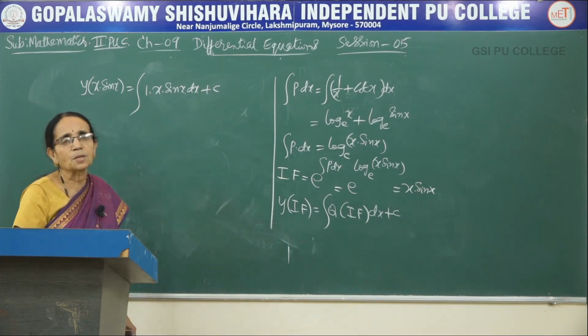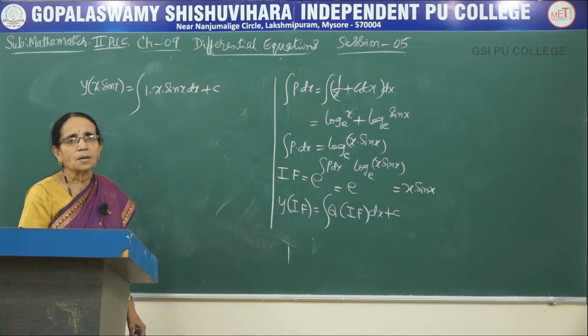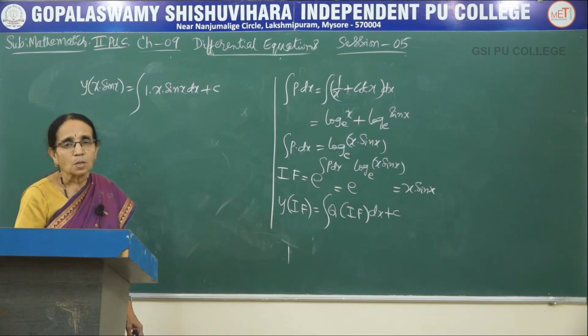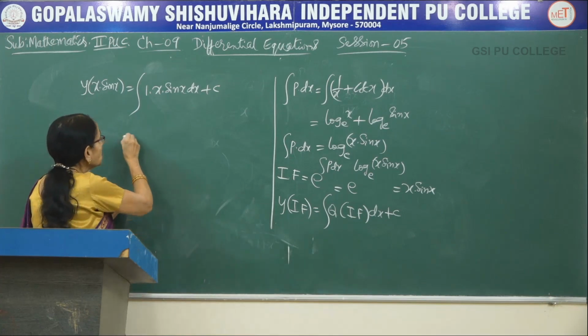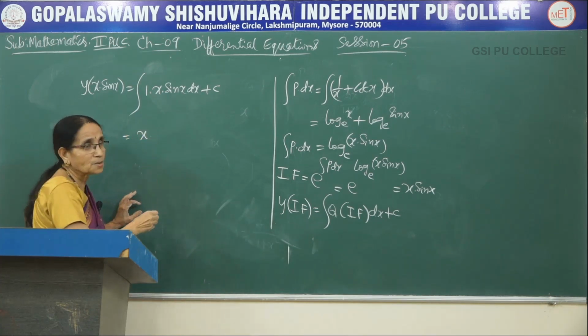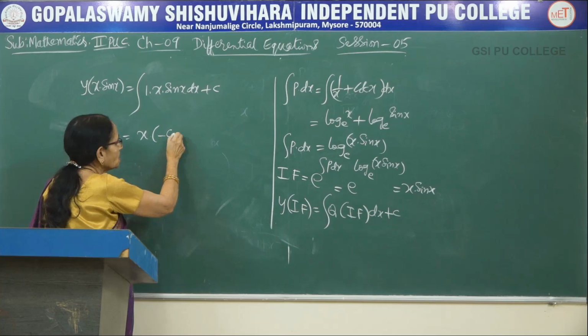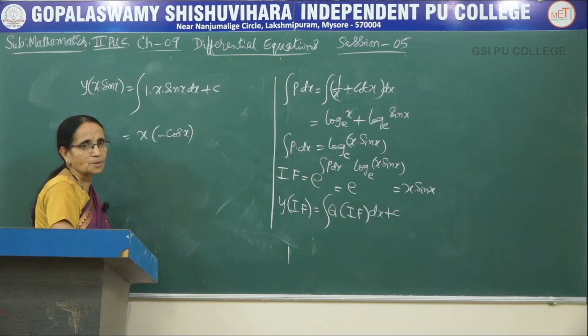So what's the function which has to be integrated now? It is integral x into sin x. What method you can adopt? The integration by parts. Now take the first function as x, integrate the second function, that is minus cos x.